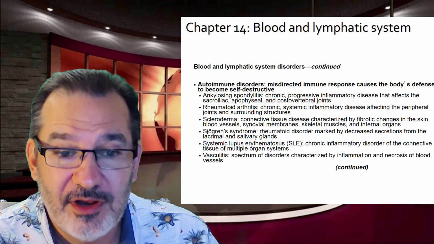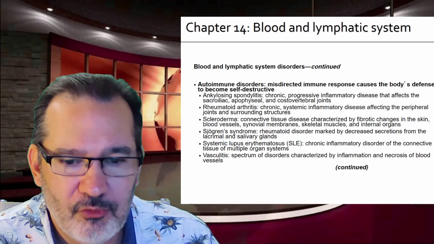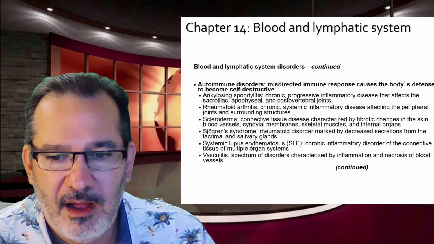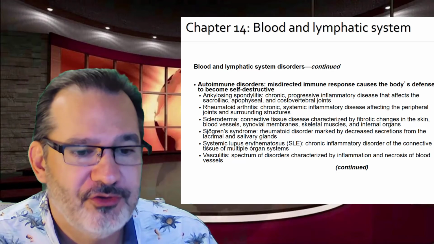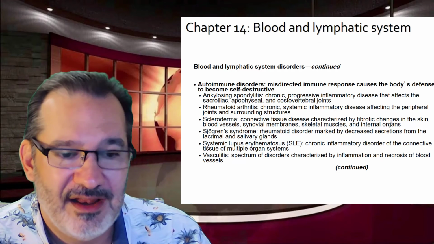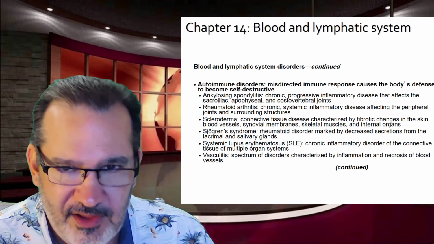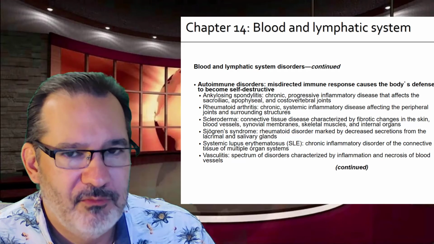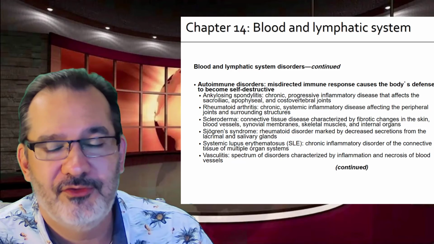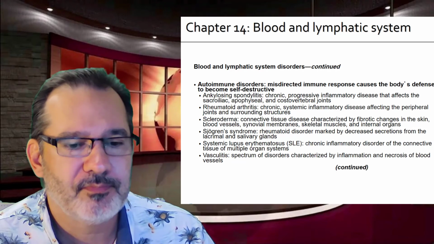Okay, Sjogren's syndrome, a rheumatoid disorder marked by decreased secretions from the lacrimal and salivary glands. That's Sjogren's. Lupus, chronic inflammatory disorder, usually affects multiple organs, can be very debilitating.